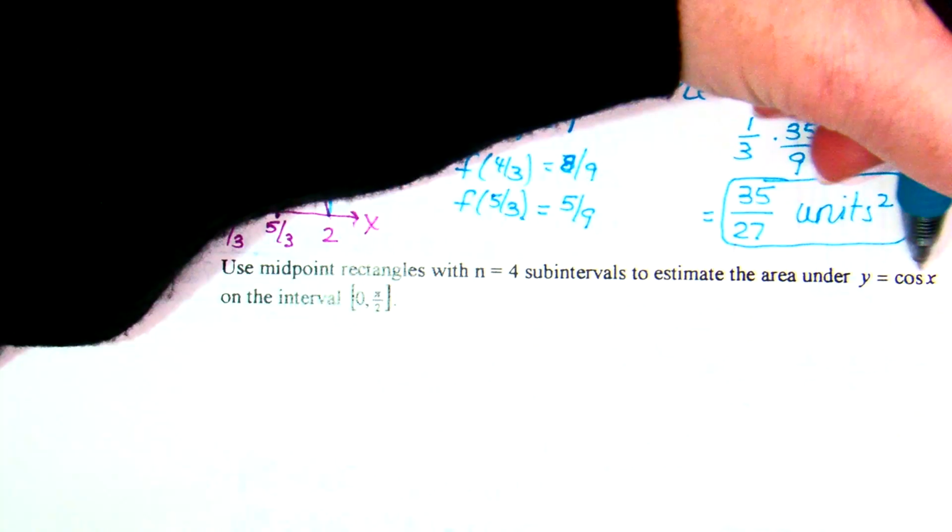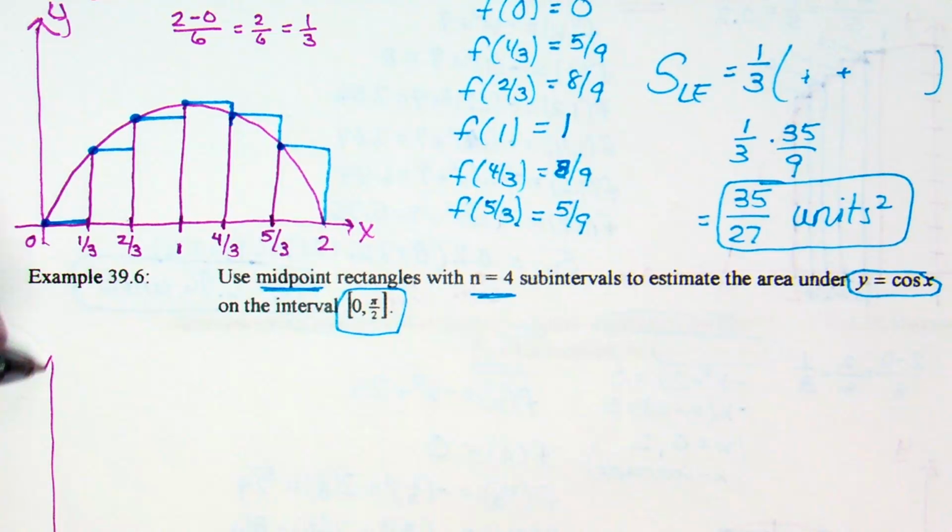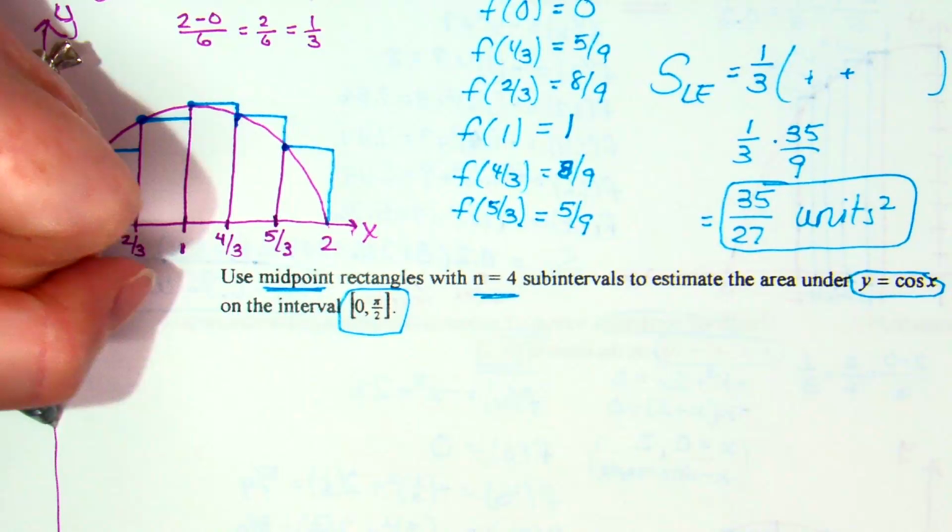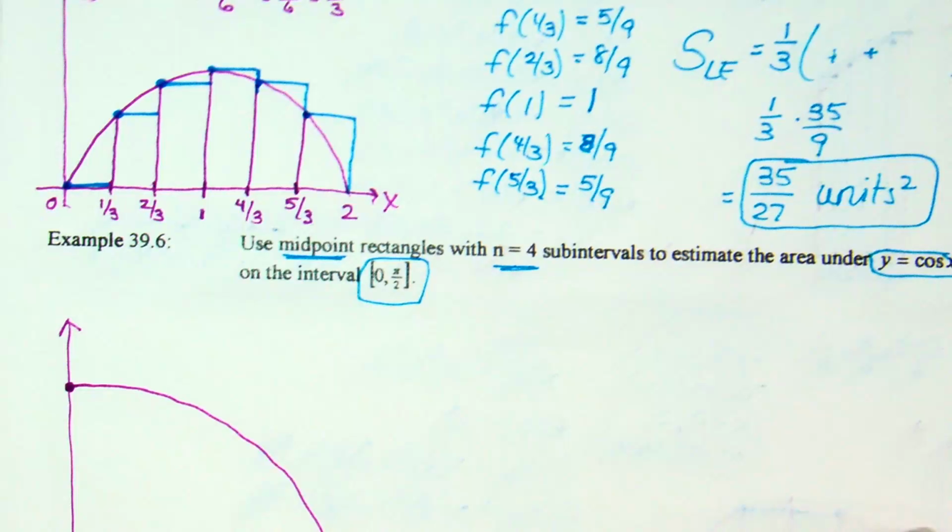midpoint, 4 subintervals, 0 to pi over 2. So, cosine, if you think about cosine, it looks like example 39.2. We're at 2 minutes, 30 seconds. Go. Okay, cosine starts up at 1, yes? And we're going the interval from 0 to pi over 2.